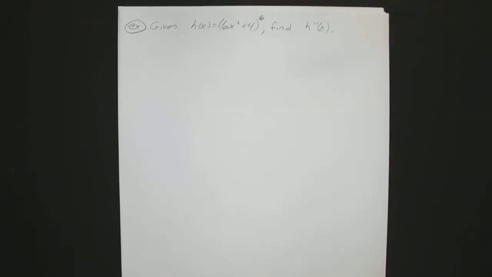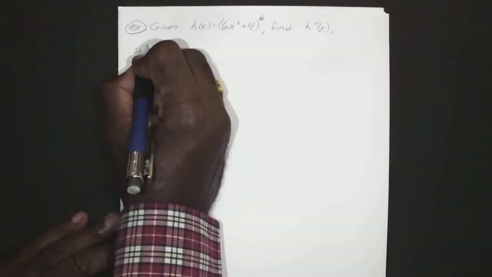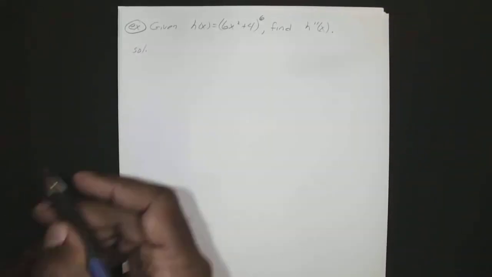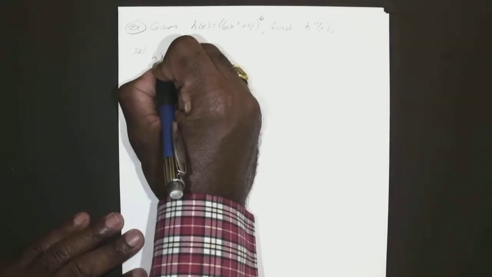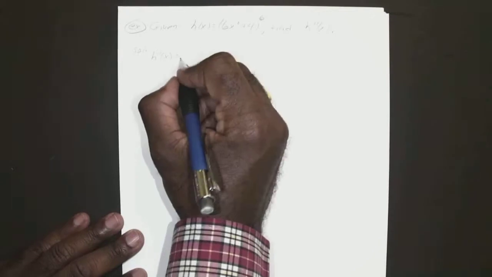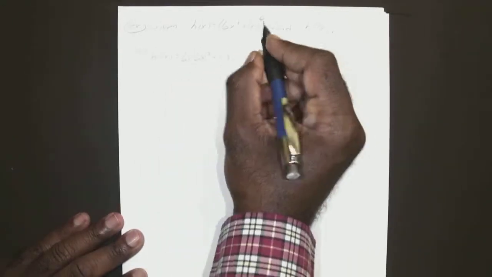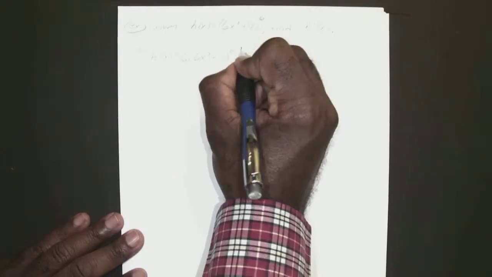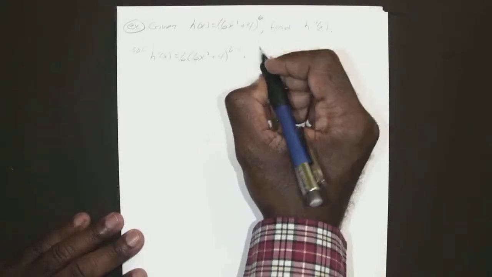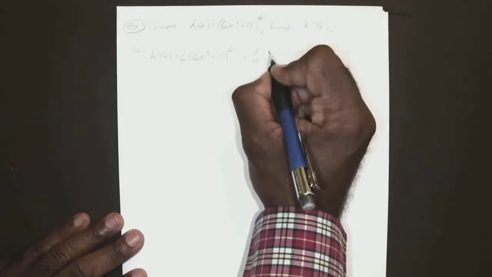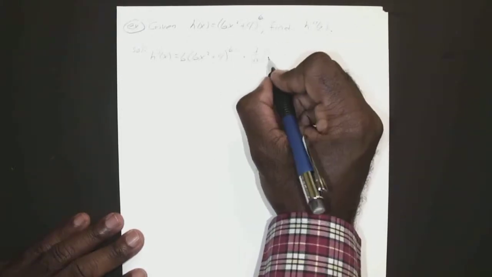All right. So for this one, start off like we did before. We find the first derivative. So we bring our 6 down to the front, (6x² + 4), and we subtract 1, times the derivative of what's inside.